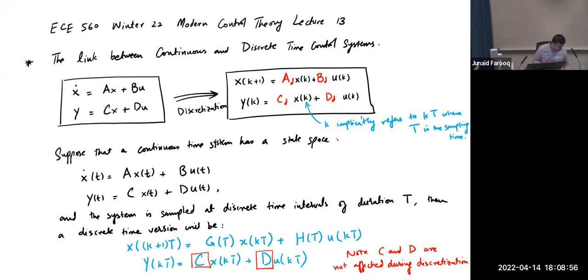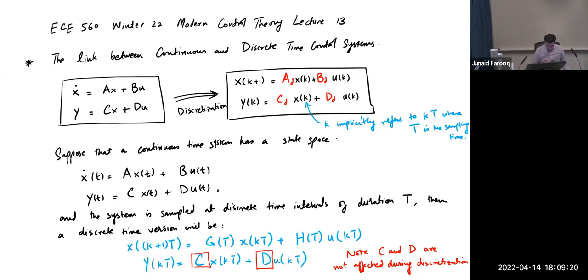Okay. And also the other important thing to note is that the G and H are constant matrices depending on the sampling interval capital T. So there is no time dependence here. They are simply constant matrices.